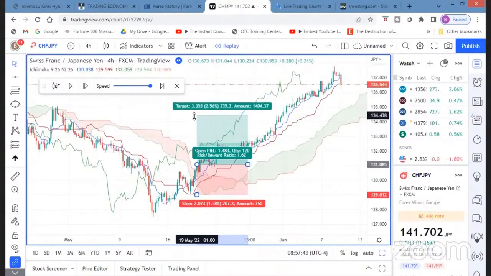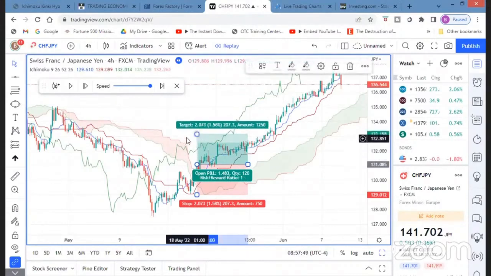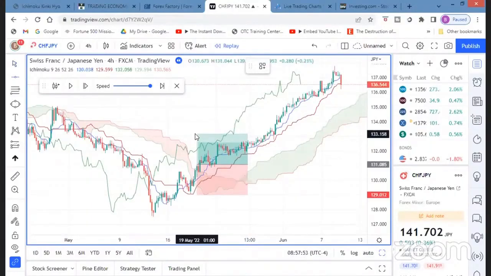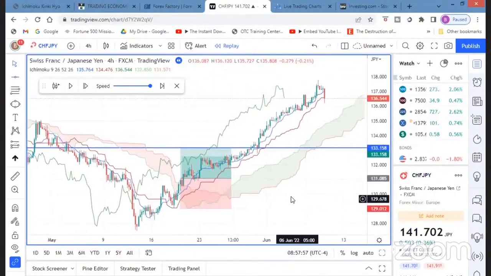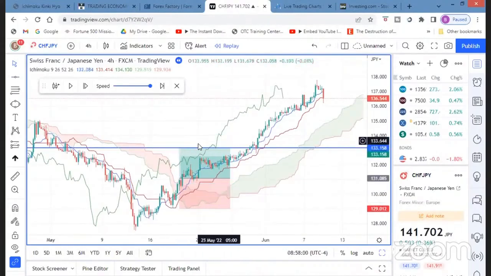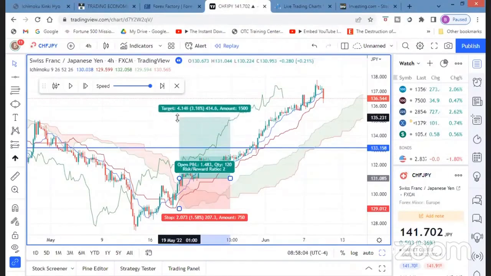Do I go 1 to 1 initially, at this level on this swing? Do I go 1 to 1, take half my profit off the table, and let the rest run to my 2 to 1?